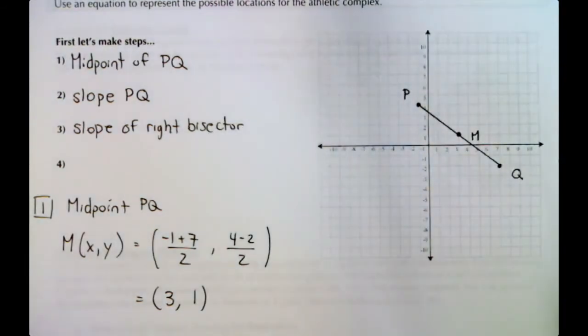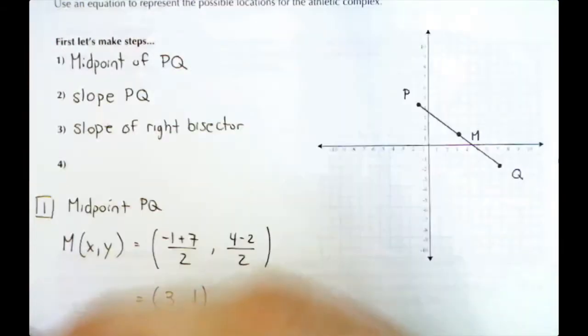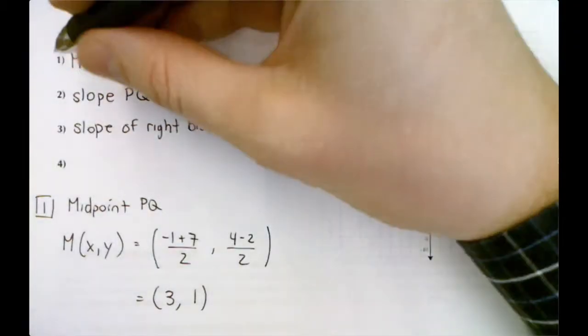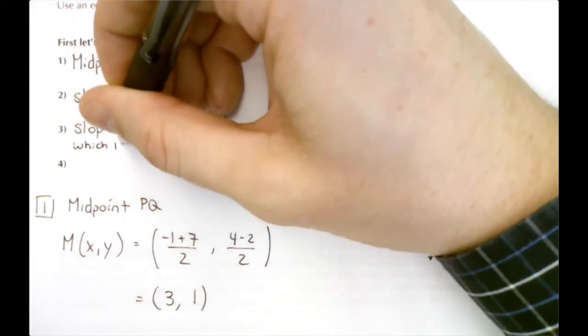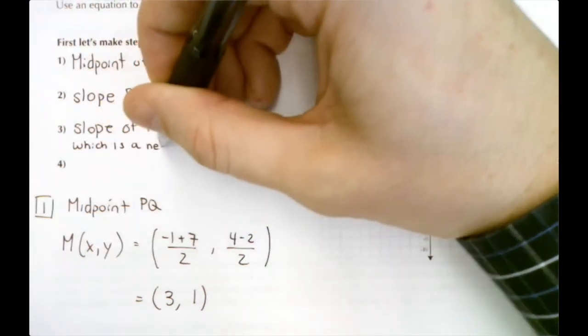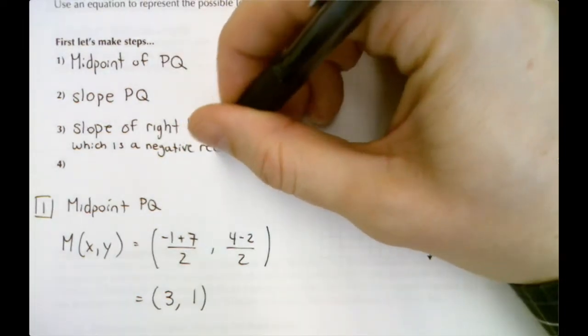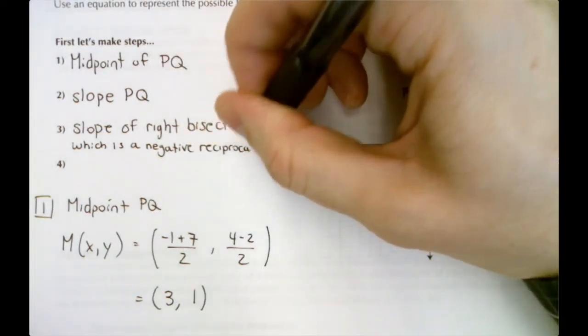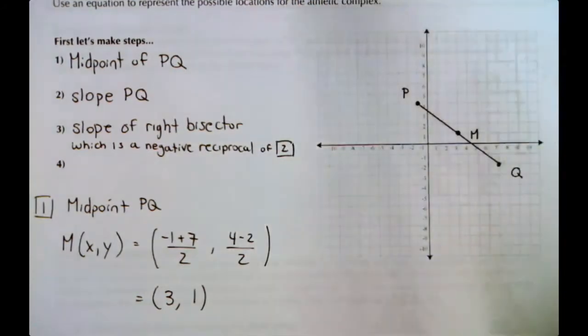And we can do that because the slope of PQ and the slope of the right bisector will be negative reciprocals. So it'll be the negative reciprocal of what we get in step 2.